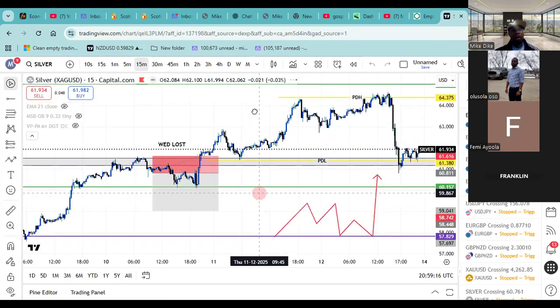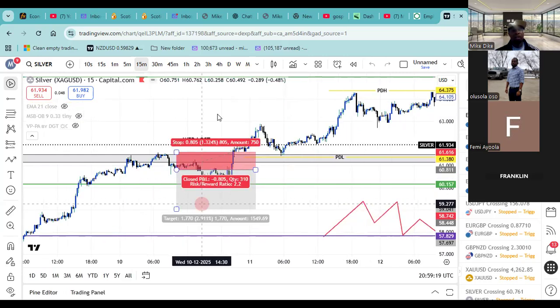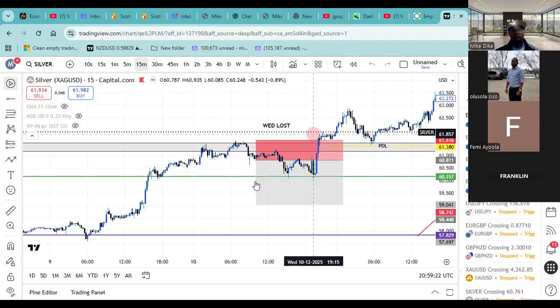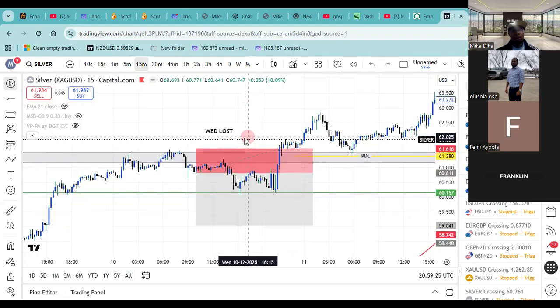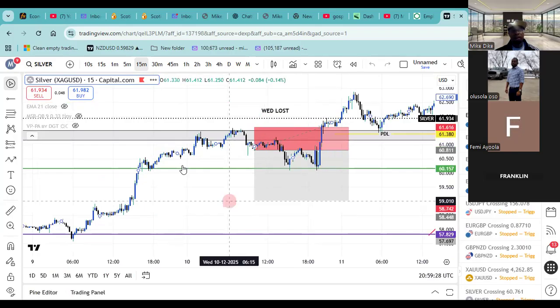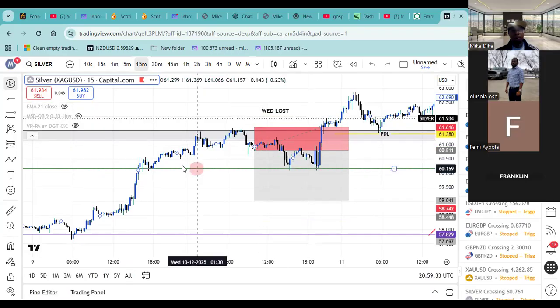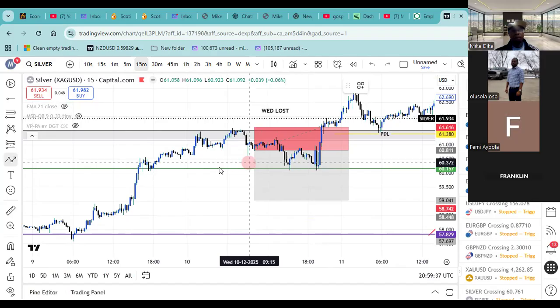So this is the one I lost here. I also know the reason why I lost. I lost huge money here though. I was waiting for it to come down, but it was on Wednesday.